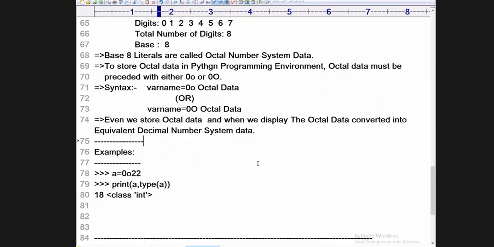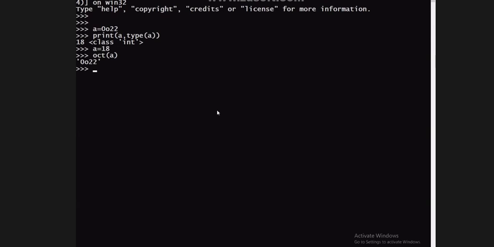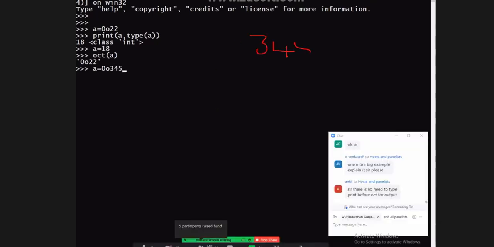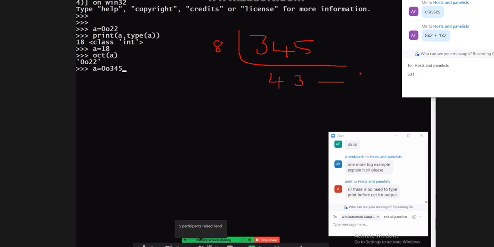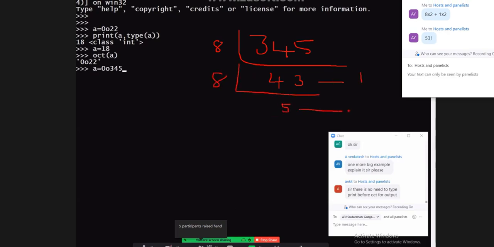Let us take one more example. a is equal to 0o345. How do you evaluate this 345? It's octal, so we use 8. 8 threes are 24, plus 5, that is 29. Next, again I go for 8: 8 twos are 16, and so on.